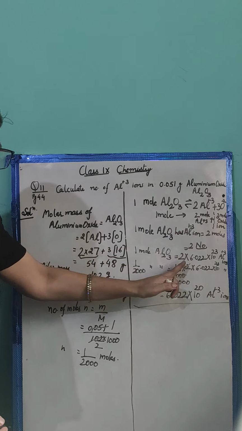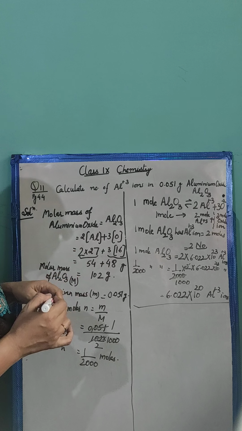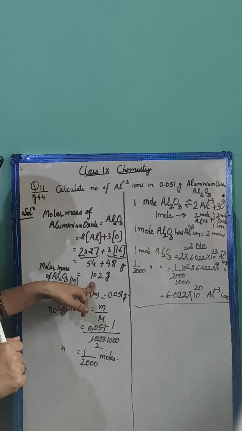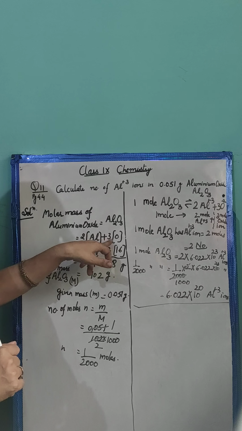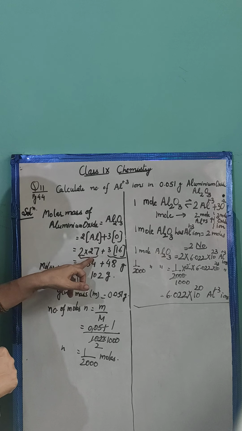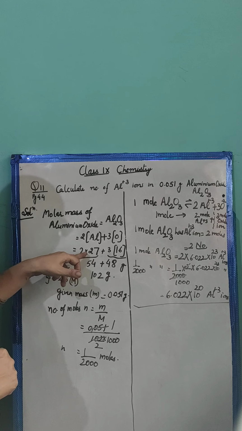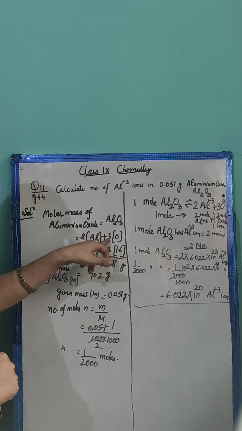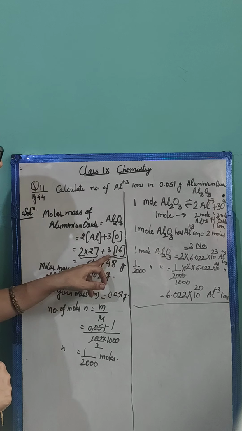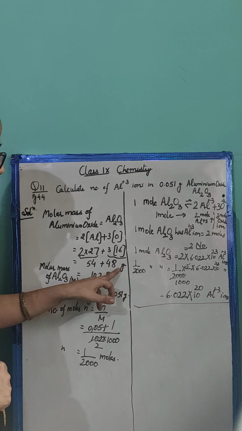Shall I speak once again? You have got the molar mass 102 grams, 2 Al plus 3 O. One aluminium atom has the mass of 27 units, 27 twos are 54. One oxygen has the mass of 16 units, 16 threes are 48.